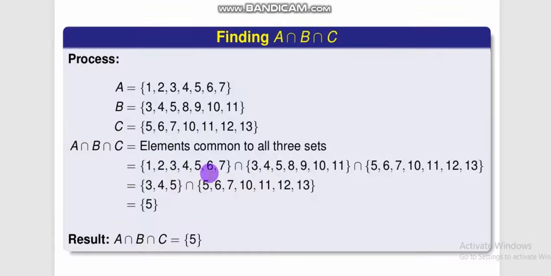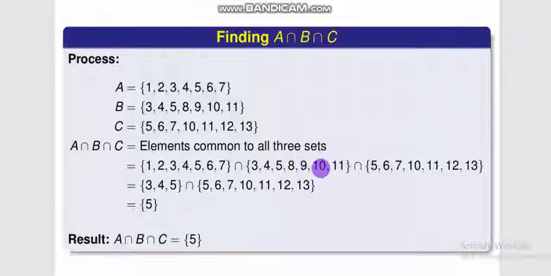So you write set A intersection set B intersection set C. So the first thing you do is to find the intersection of the first 2, A and B, right? You write the result and then you find the intersection of that result with C. You see, they just brought the C here and then they found the intersection of A and B. The elements that are common to A and B are 3, 4, 5. You see, 3, 4, 5, 3, 4, 5.